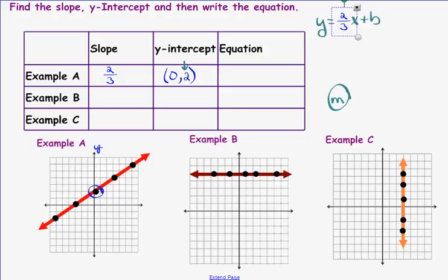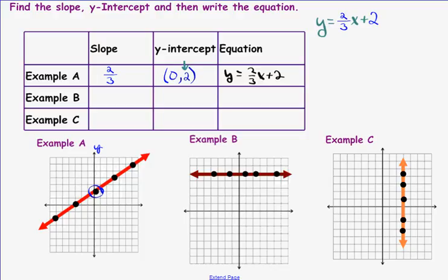Then I take this 2 from the y-intercept and put it in place of b, and I have my equation of the line. That simple. So my equation is y equals 2/3 x plus 2.